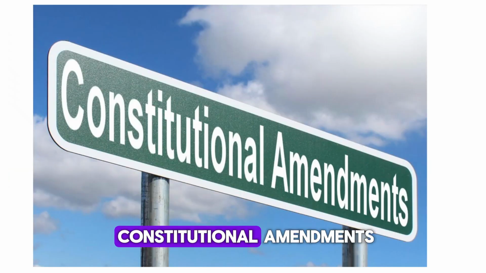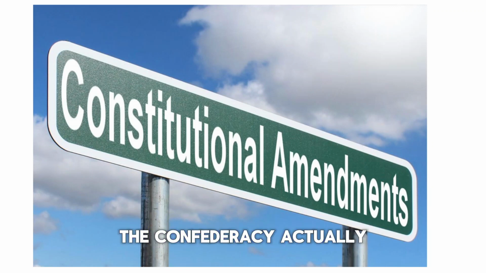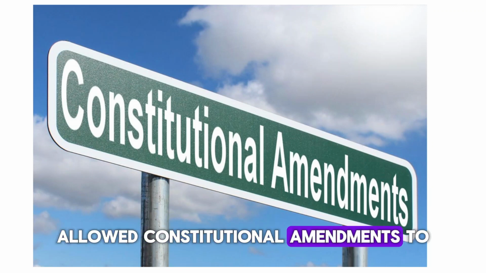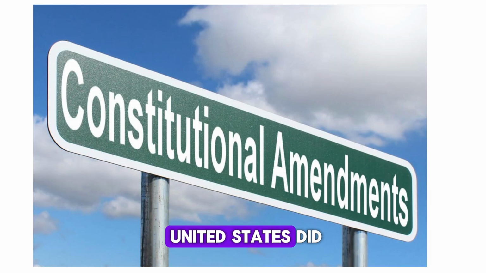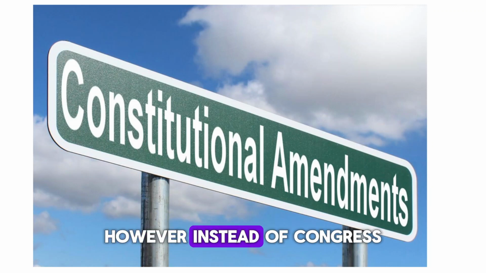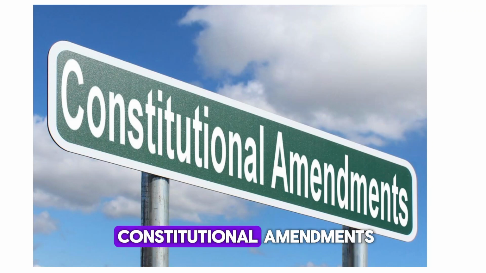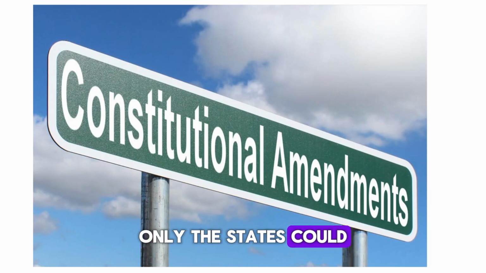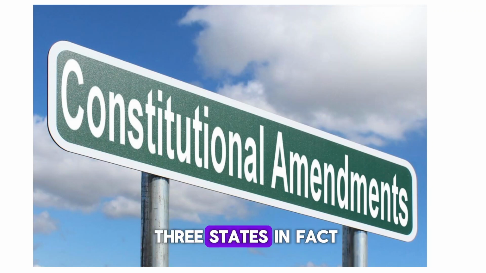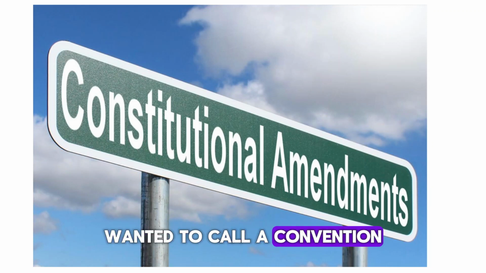When it came towards constitutional amendments, the Confederacy actually allowed constitutional amendments to be brought up more easily than the United States did. However, instead of Congress being able to propose constitutional amendments, only the states could. This would happen if 3 states wanted to call a convention.